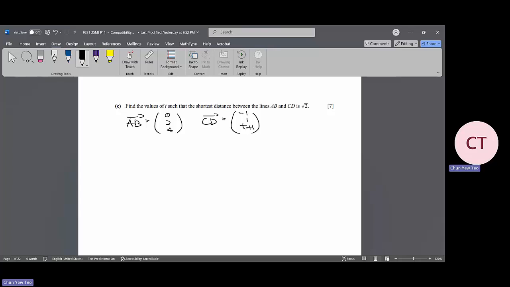Then I also need to take either AC or AB or AD. But we don't take AD because D has a parameter, d, which is difficult for us. So the easiest is we take either AC or BC.